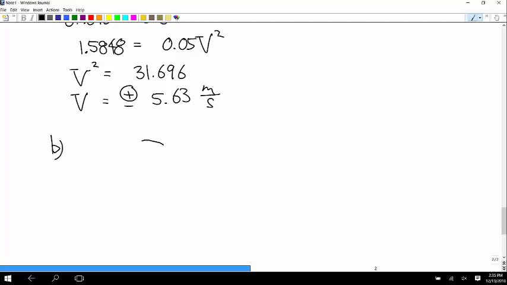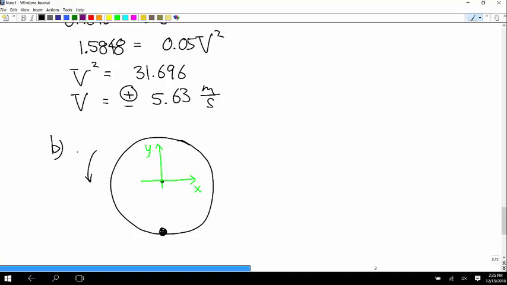Now we have a circular motion problem. And I'm going to put the coordinate system like this. And we're going to analyze what's happening at the bottom.